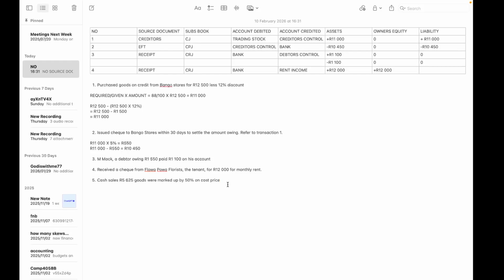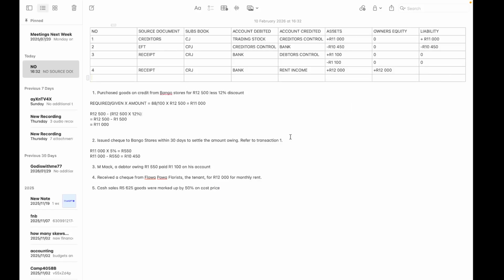Okay, so now what's important when dealing with sales is that there are always four accounts that are affected, right? Let's first deal with the first one. It's going to be receipt, and then it's going to be CRJ, cash receipts journal.